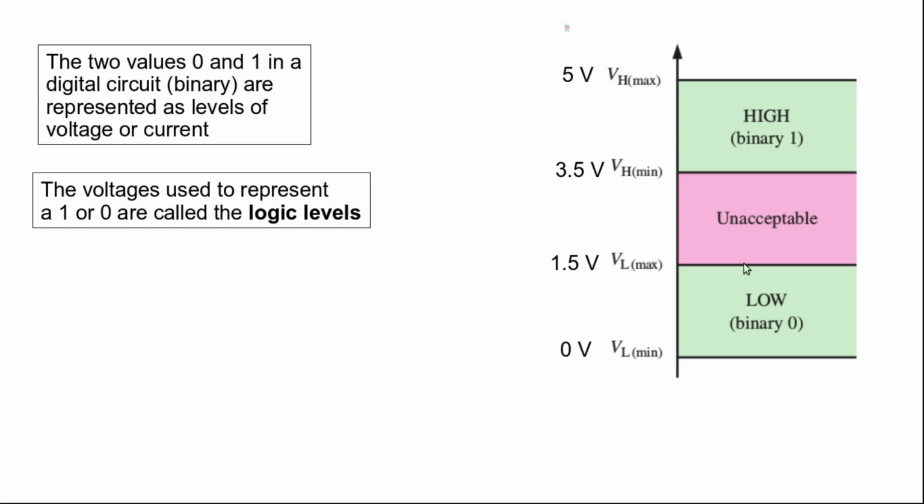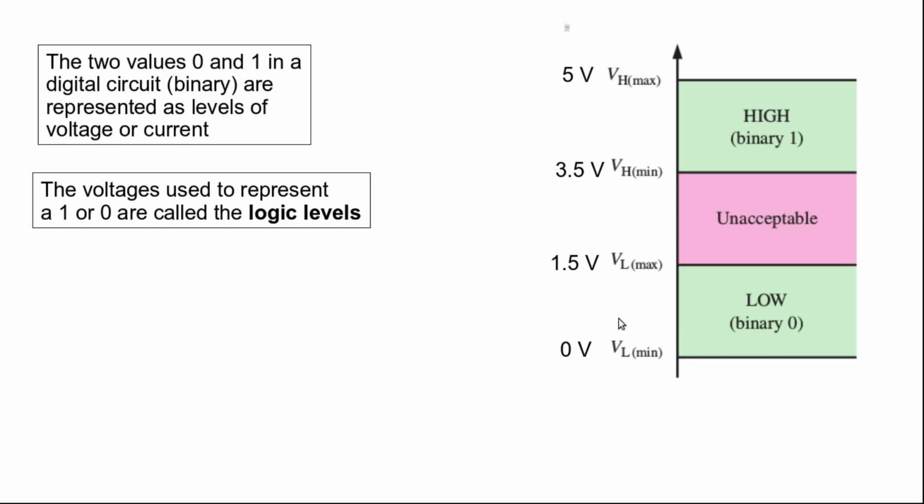So as you can see, the voltage in itself is an analog signal. It can have an infinite number of values. However, by creating a range for 0 and creating a range for 1, we are treating the voltage as a digital value.